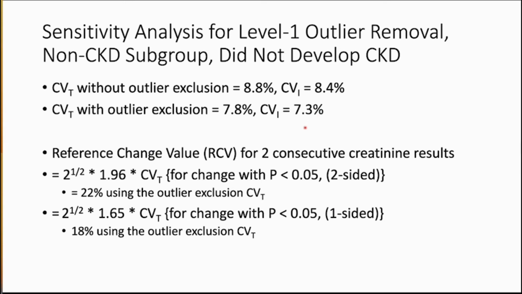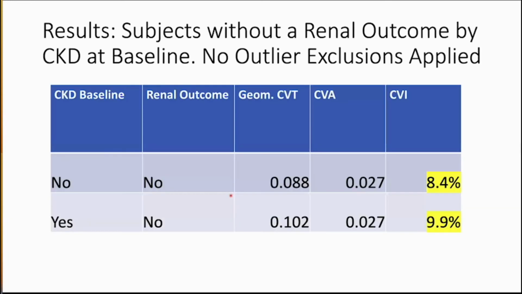And to put that in context of what it would mean for a reference change value for 2 consecutive results, we come up with about a 22% change being significant if we did outlier exclusion and used a 2-sided test. I'll come back to this in context in just a second.